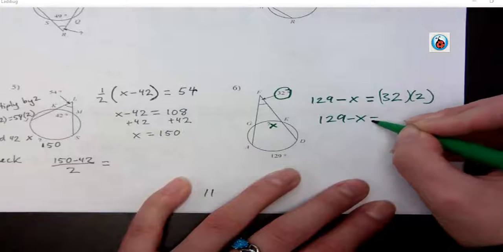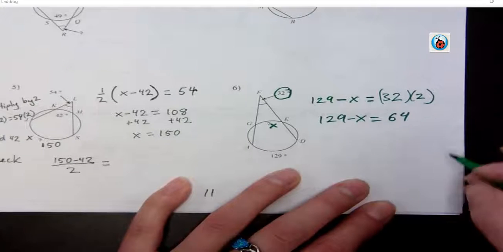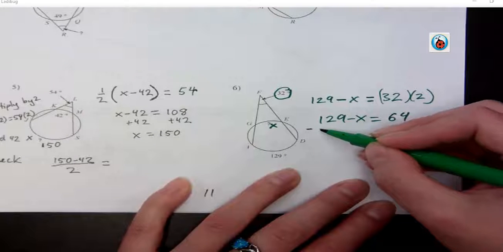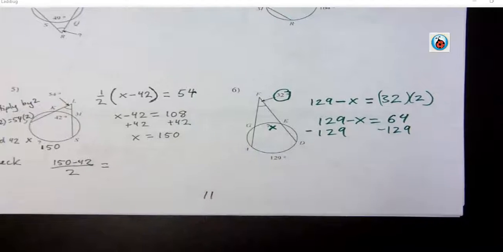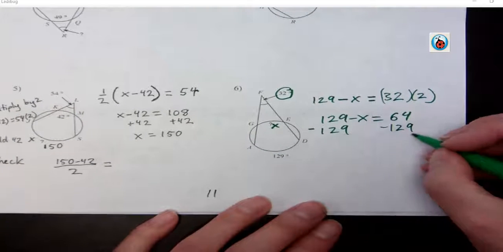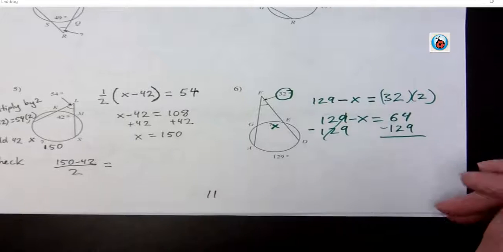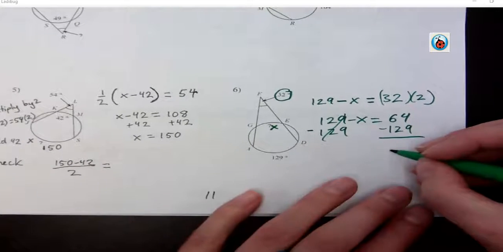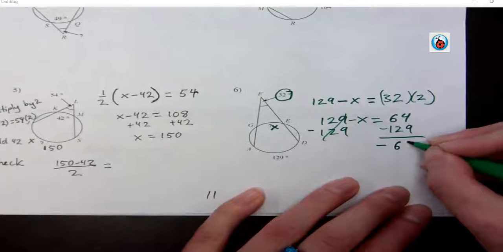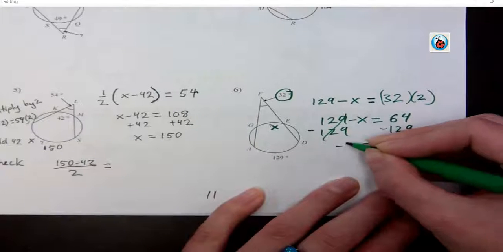129 minus x equals 64, minus 129, gives us negative 65 equals negative x.